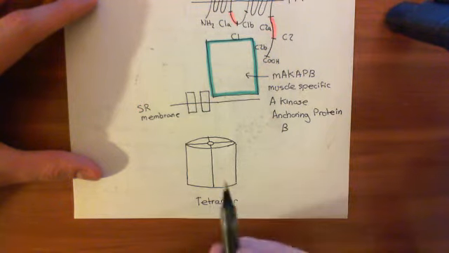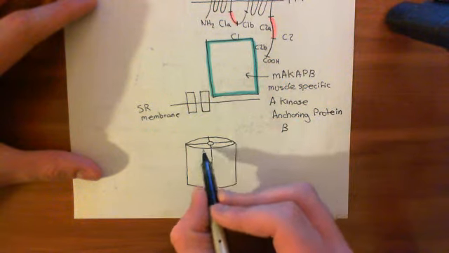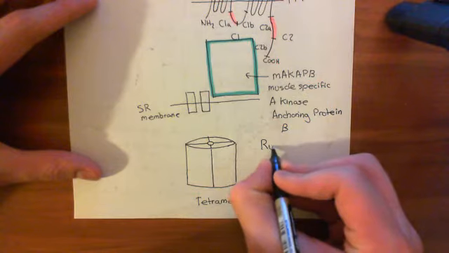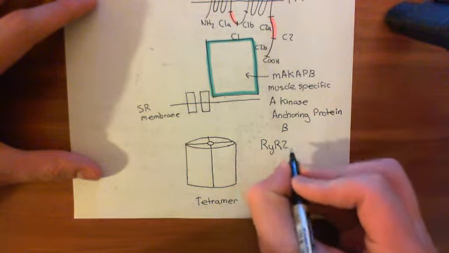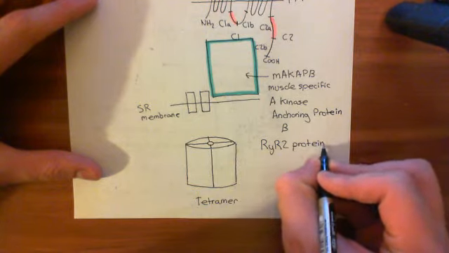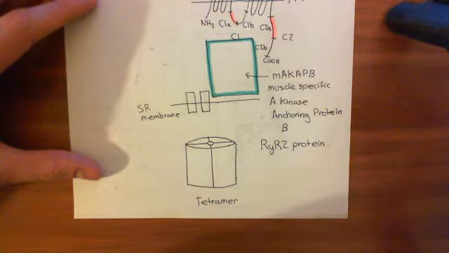So basically it's a homotetramer. All the proteins in these 4 slots here are identical proteins. So they're all type 2 ryanodine proteins. Okay, so you take 4 type 2 ryanodine proteins, stick them together, and that will make you the type 2 ryanodine receptor.